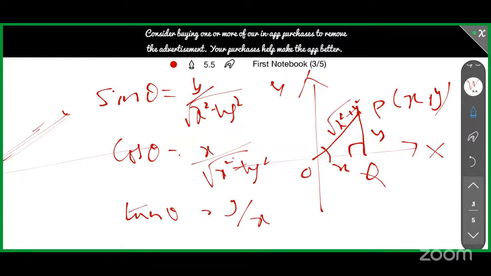Now, sir, this comes even in vectors, and this comes even in complex numbers. What we have discussed so far will come in complex numbers, when we discuss the complex plane and the polar coordinates of a complex number.